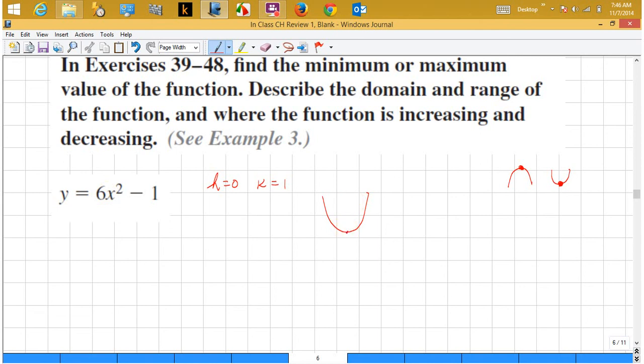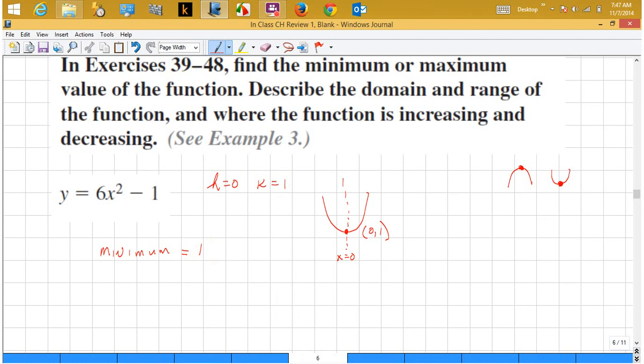My vertex is going to be right here with an axis of symmetry of x equal to 0, and the vertex point is 0, 1. So we can see that it's a minimum, right? So I have a minimum, and the y value at that minimum is 1. So what this question is asking is, what's the y value? And so the minimum is equal to 1.